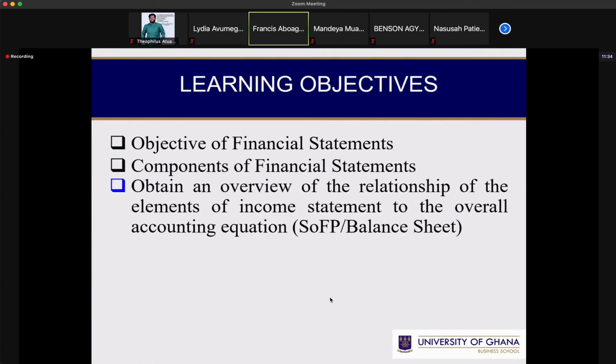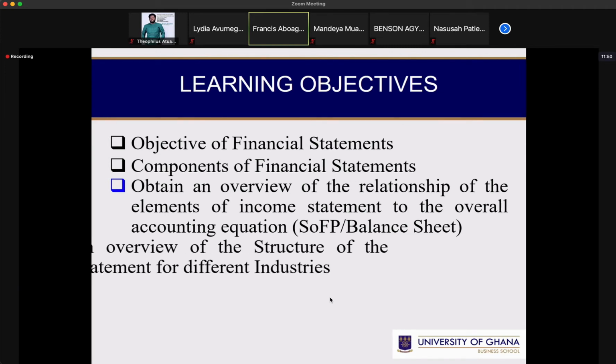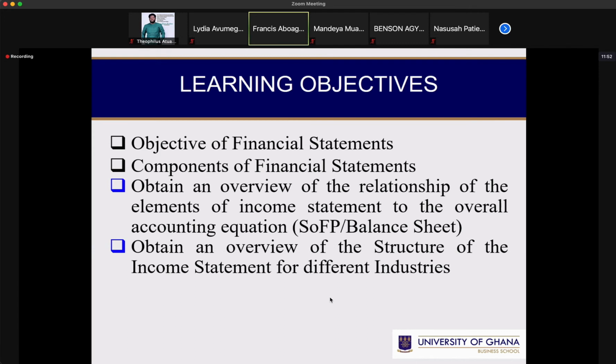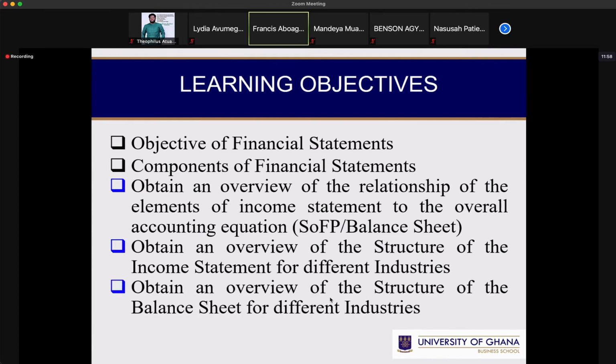Then we obtain an overview or a relationship between the elements of the income statement and the statement of financial position. So we'll look at how the income statement is used in the statement of financial position or the balance sheet. Then we will look at the structure of the income statement for some types of businesses. Then also look at the structure of the statement of financial position or the balance sheet for different entities.